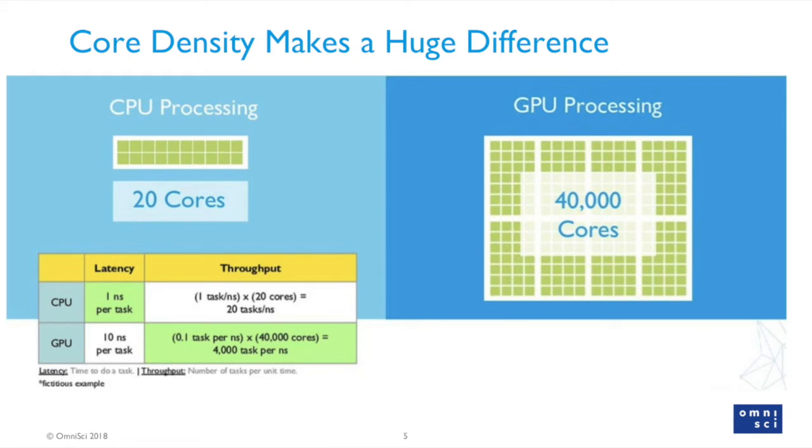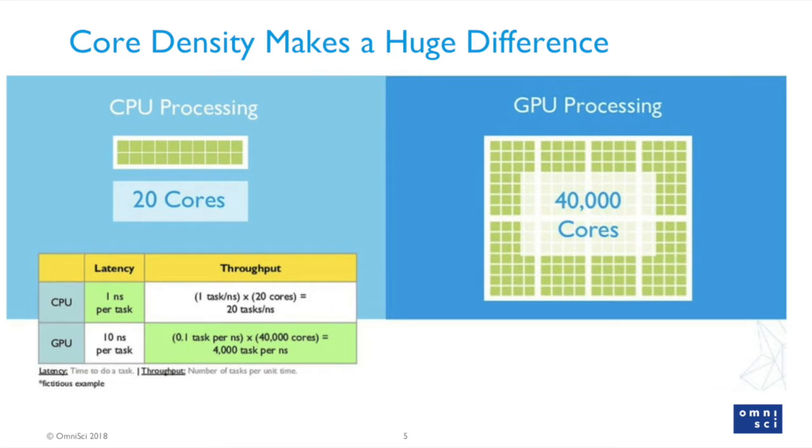I have this slide because a lot of people still are not fully aware of how a GPU is different compared to the CPU. It's the number of cores that are available. As you can see from the graphic, for a particular task a CPU is much more powerful. It can do it in 1 nanosecond, whereas a GPU takes 10 nanoseconds.